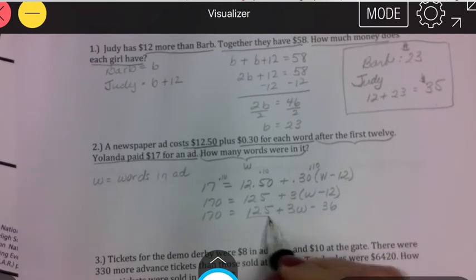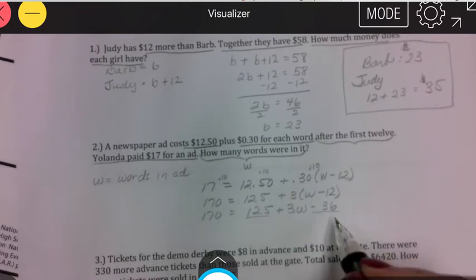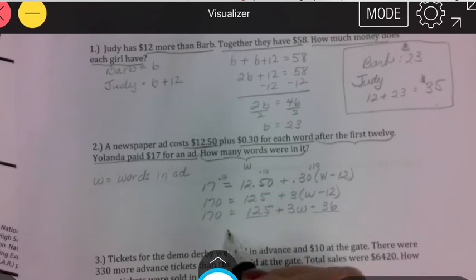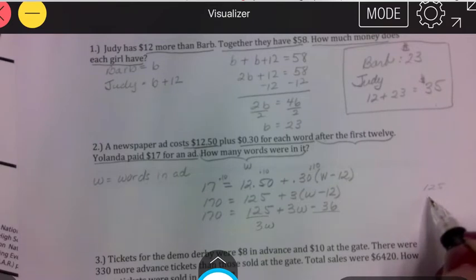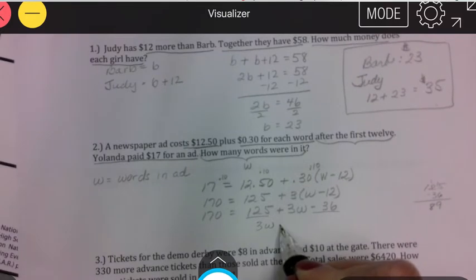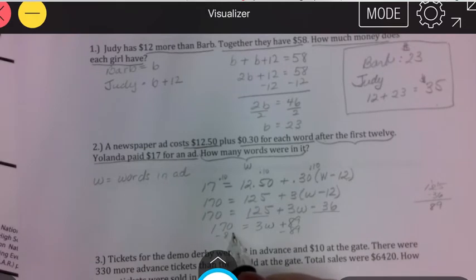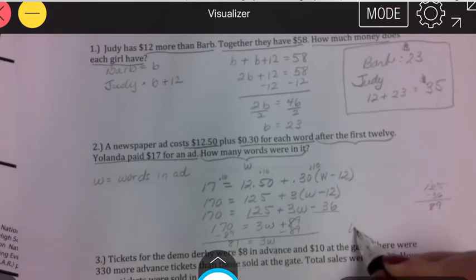If I put my 125 and my 36 together, that would be 89. So 3W plus 89 is equal to 170. Subtract 89 from that. I end up with 81 is equal to 3W. So W is going to be equal to 27.